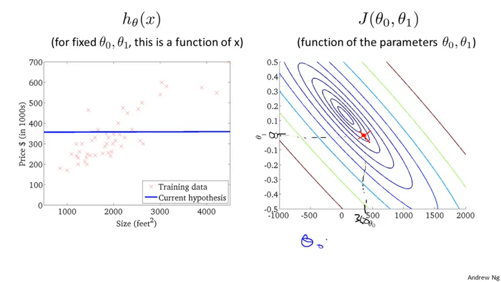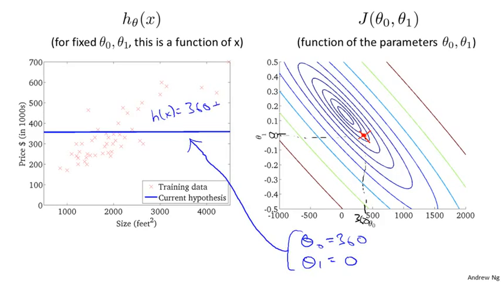Theta 0 equals 360, theta 1 equals 0. And this pair of parameters corresponds to that hypothesis, a flat line, right? This is h of x equals 360 plus 0 times x. So that's my hypothesis. And this hypothesis, again, has some cost, and that cost is plotted as the height of the J function at that point.